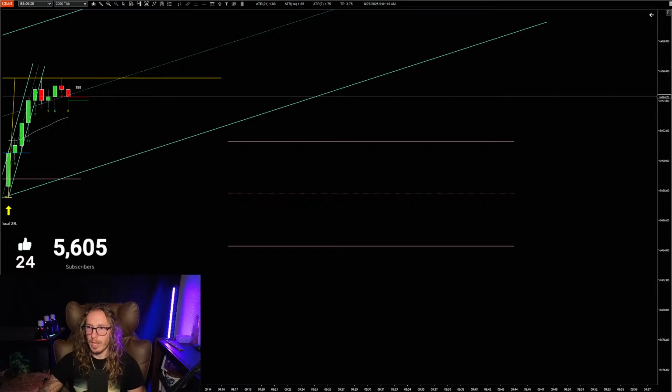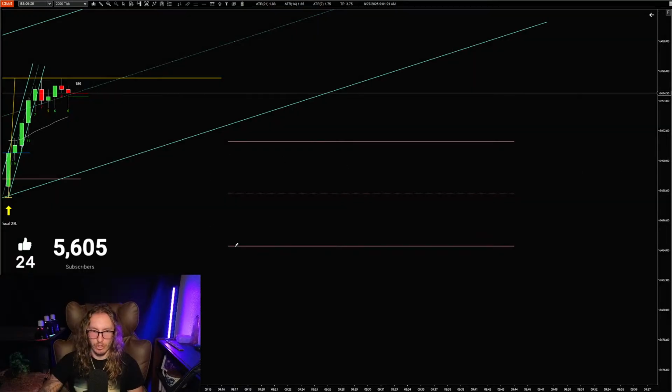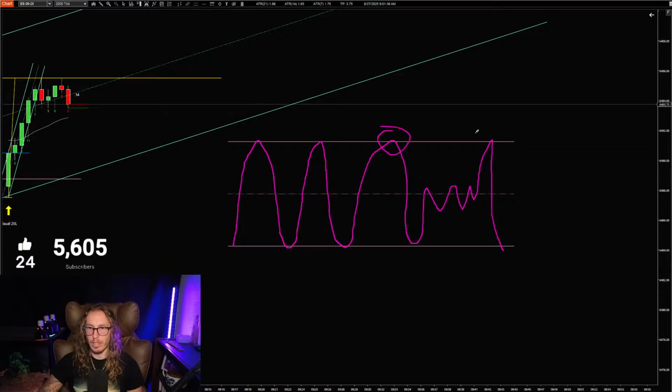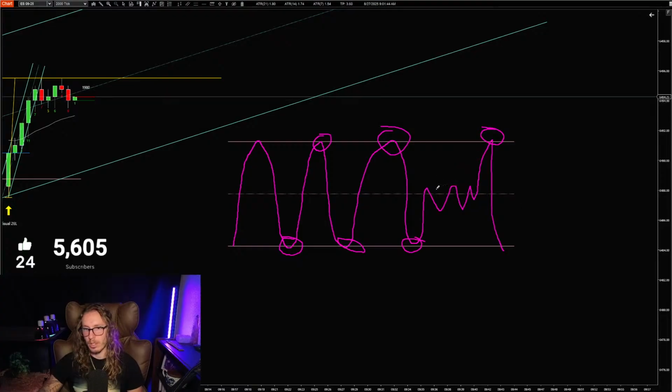So, when we have a range that's doing this, we want to go short in these key areas. We want to go long in these key areas, right? When we have a range.